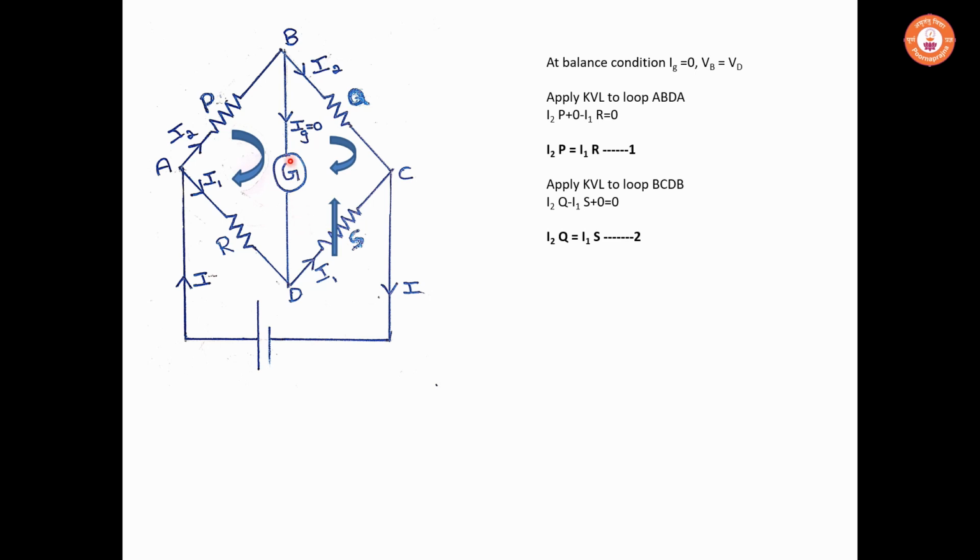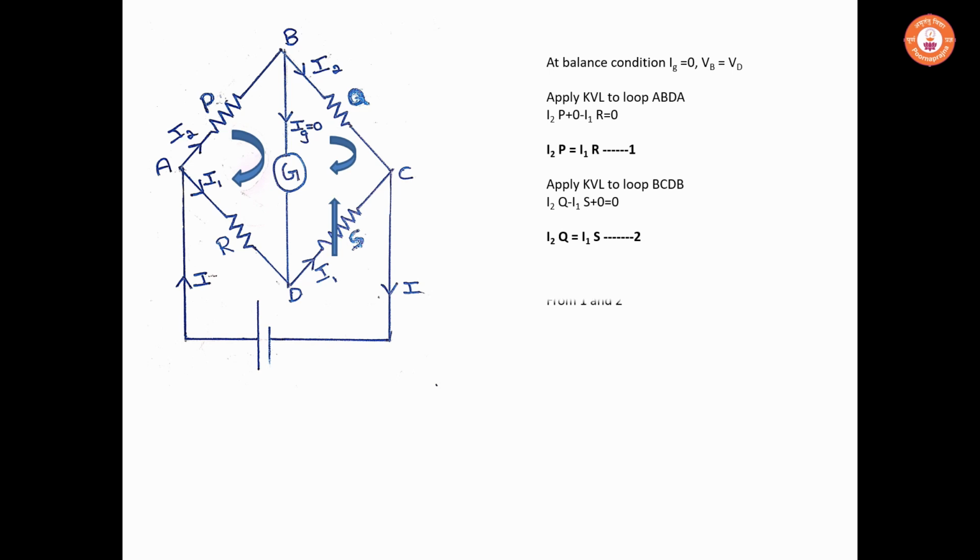Then plus 0 because the current through this terminal is 0. So you will get I2Q minus I1S plus 0 equal to 0. So you will get I2Q equal to I1S. Let it be the second equation.